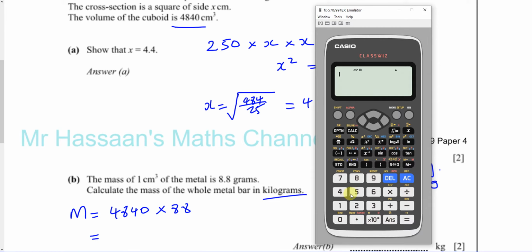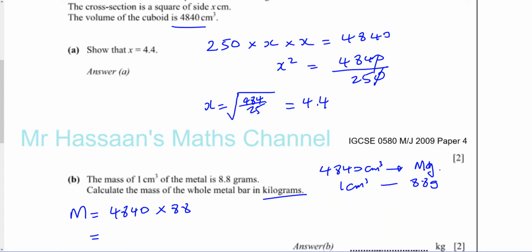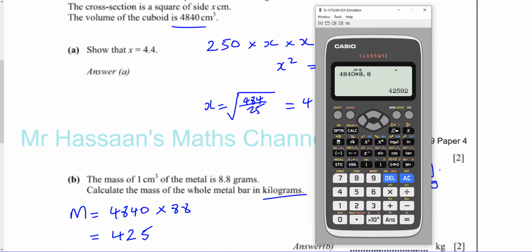So you have 4,840 times 8.8, which gives us 42,592. Did I write that right? 42,592.